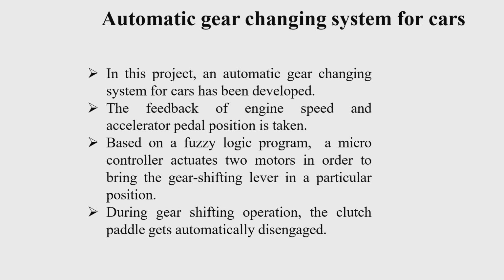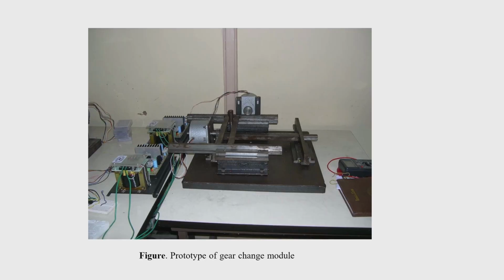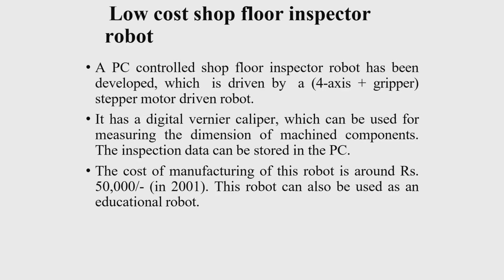We made an automatic gear changing system for cars, where gears can be changed automatically. We made use of a microprocessor, and these types of things have been done. In about 2001 we also made a low-cost shop floor inspector robot.